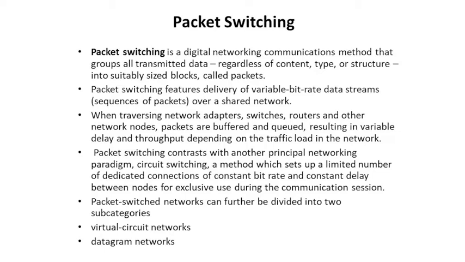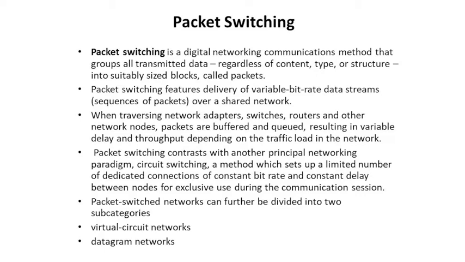When traversing network adapters, switches, routers and other network nodes, packets are buffered and queued, resulting in variable delay and throughput depending on the traffic load in the network. Packet switching contrasts with another principal networking paradigm, circuit switching, a method which sets up a limited number of dedicated connections of constant bit rate and constant delay between the nodes for exclusive use during the communication session.